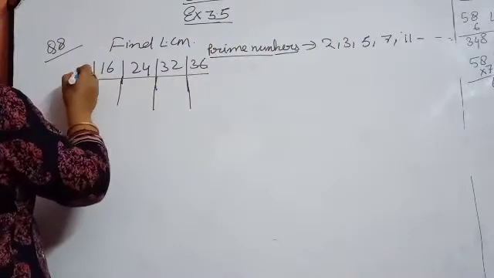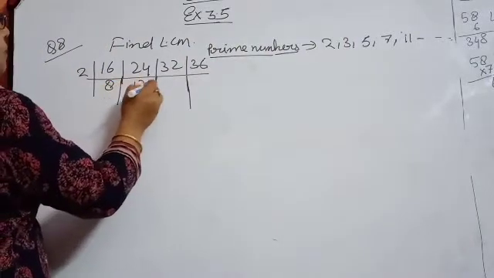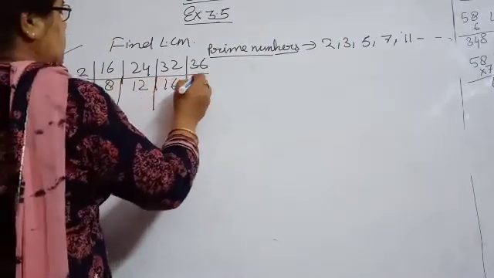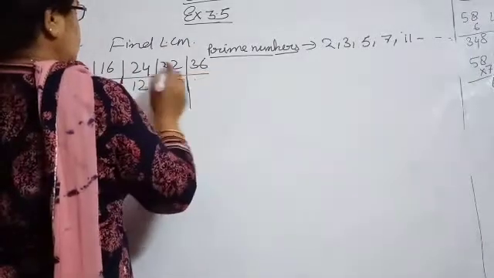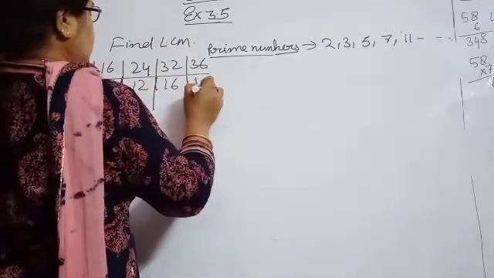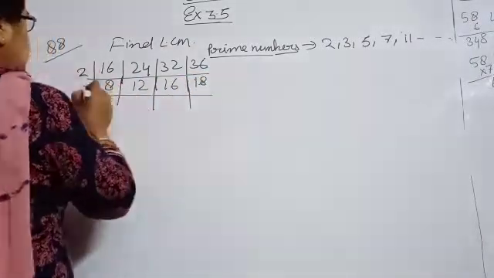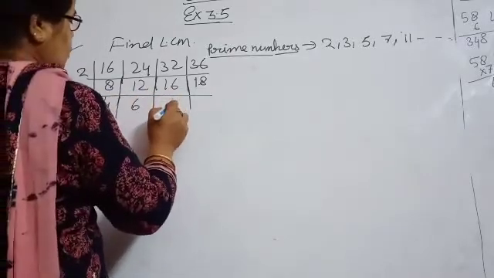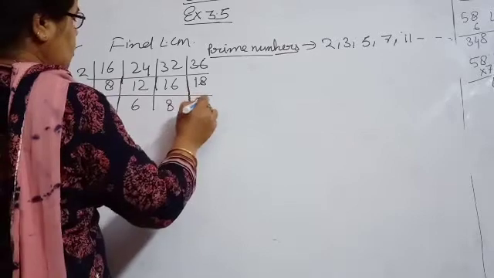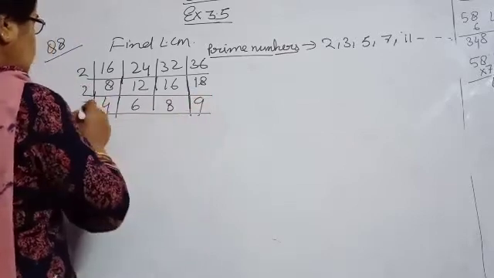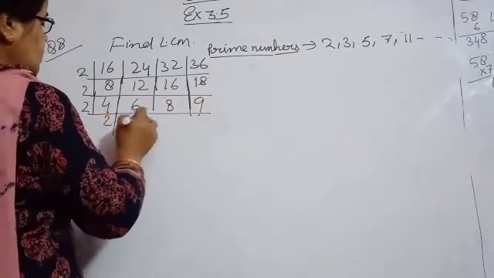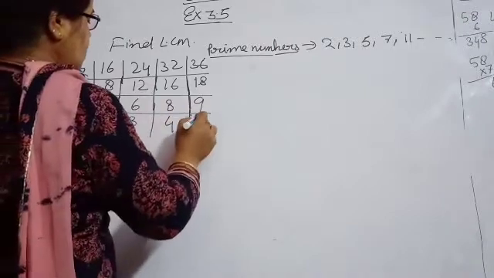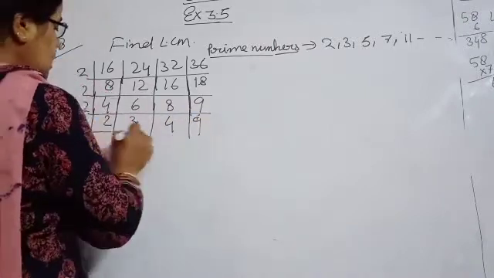First take 2. 2 eights are 16, 2 fours are 8. Again, further by 2: 2 fours are 8, 2 twos are 4, and 9 is not divisible by 2.